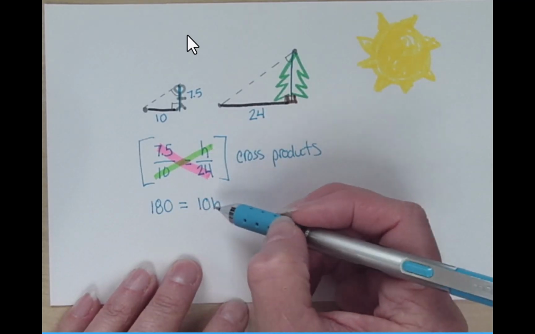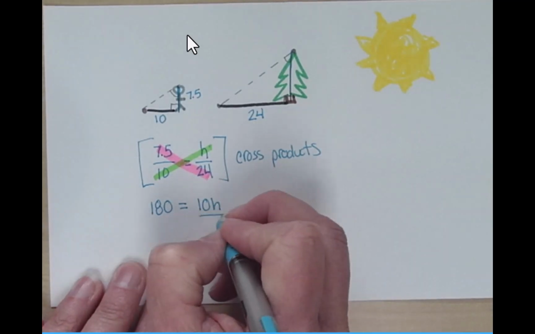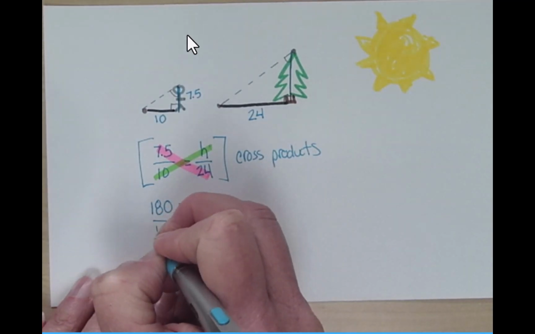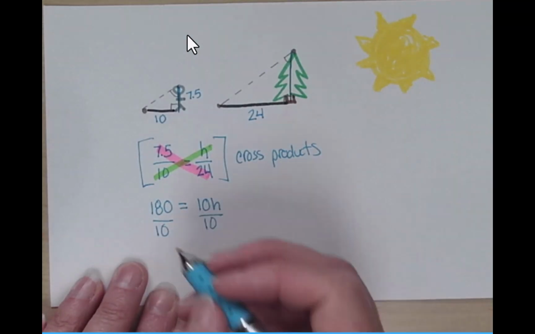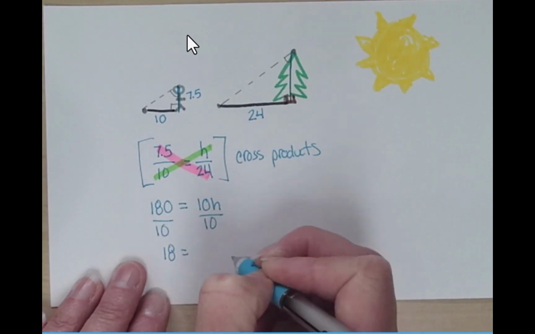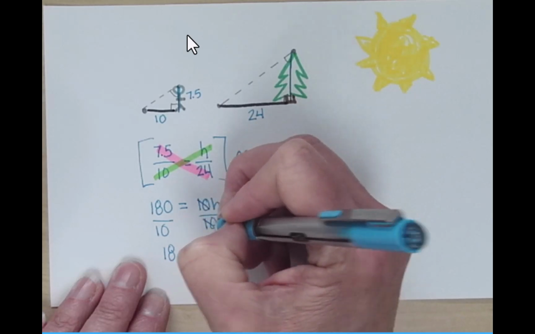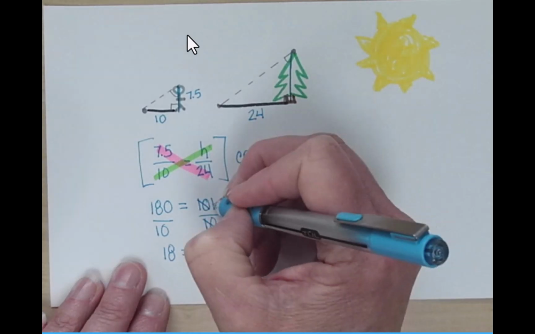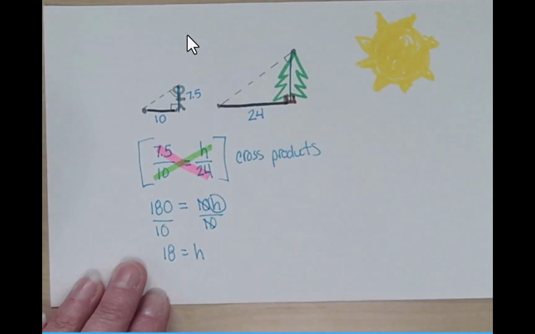And now I know 10 times something is equal to 180. And I can find out what that something is if I just divide both sides of this equation by 10. Well, 180 divided by 10 is just 18. And 10 divided by 10 is just 1. And that just leaves me with 1h. And I can write that as just h.